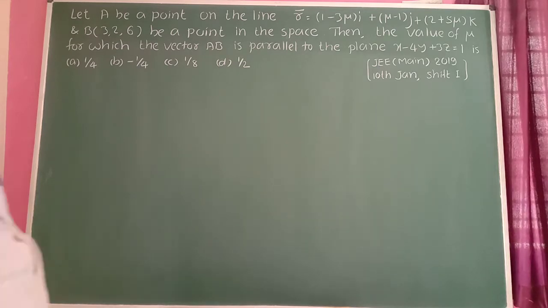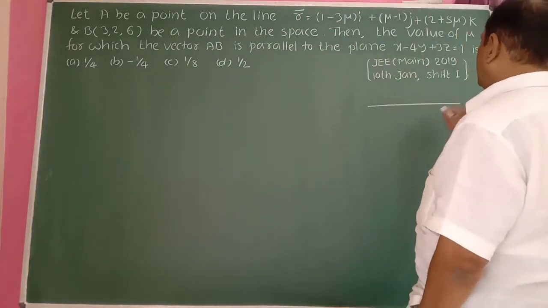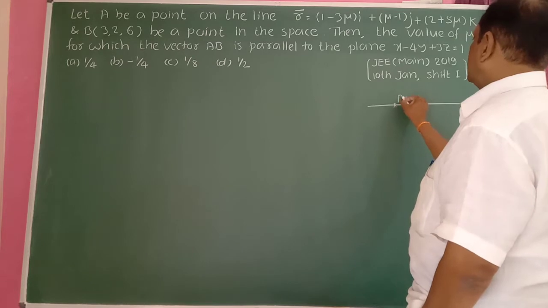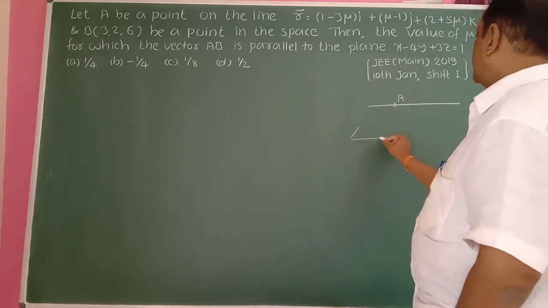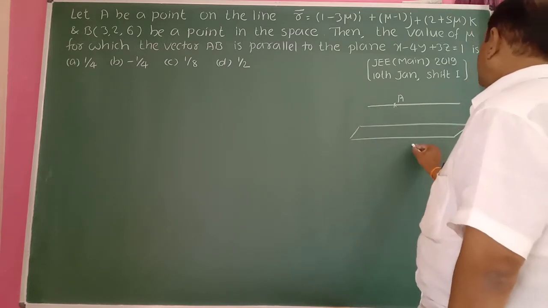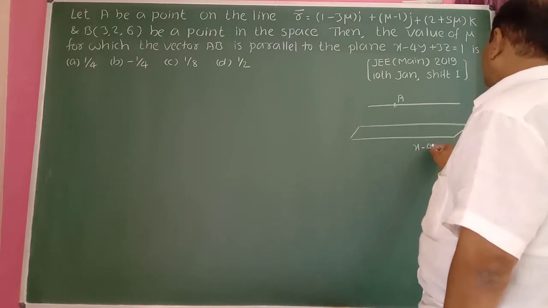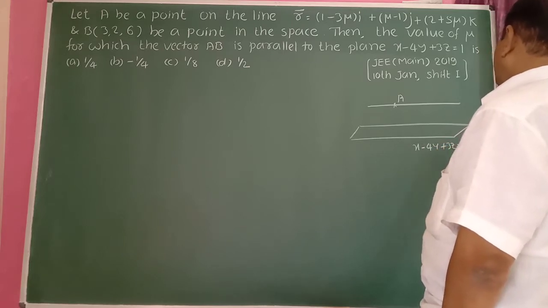Here this is a line, the line passing through the point A, and this is a plane. The equation of the plane is x - 4y + 3z = 1.